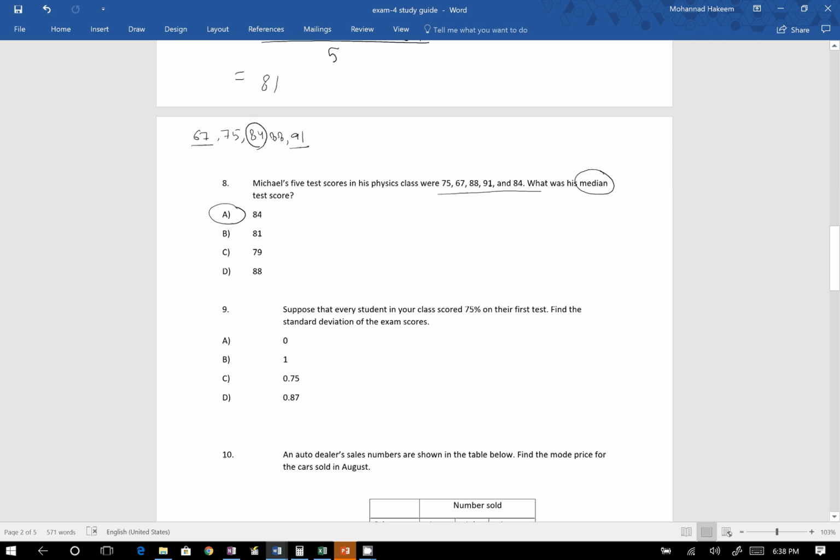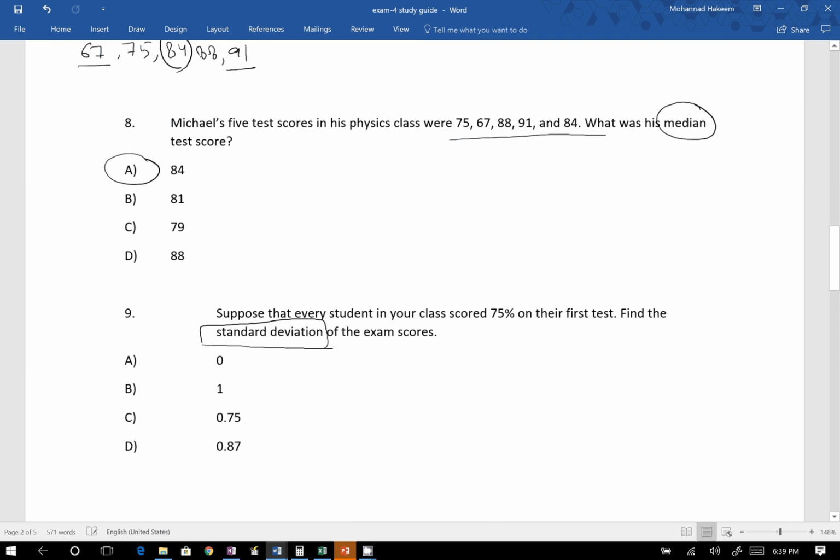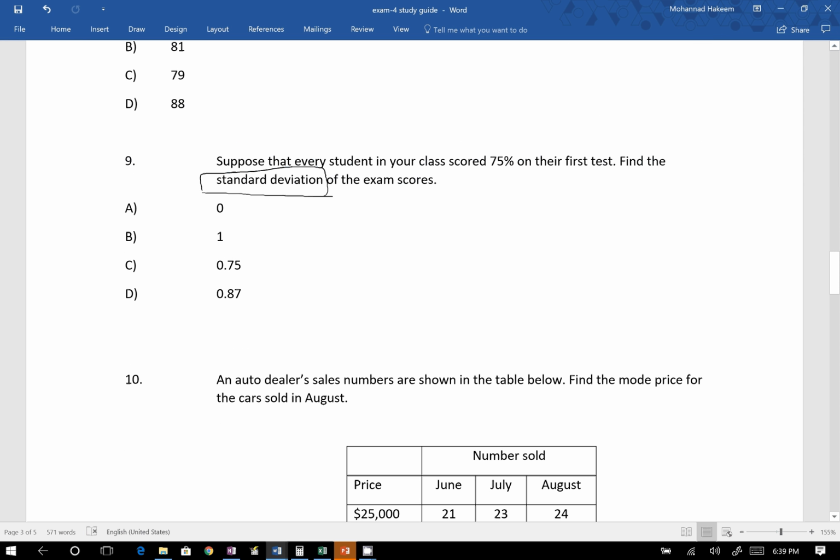Suppose that every student in your class scored 75% on their test. What's the standard deviation of the exam scores? Before you panic and say, oh, I don't have any ideas, think, what does the standard deviation represent? So let's say I have 5 students. Student 1 got 75.